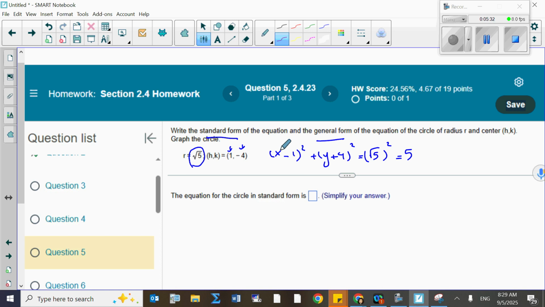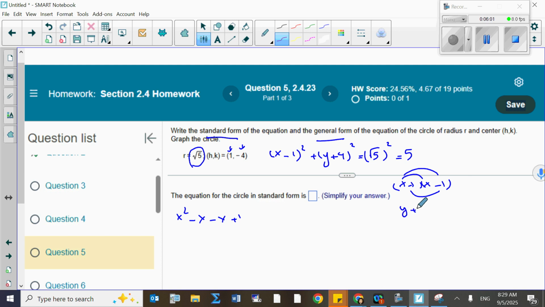Now for general form, I'm going to expand each of these and then simplify. So x minus 1 squared is x minus 1 times itself. So x squared, minus x. X times -1 is -x. -1 times x is -x. -1 times -1 is +1.